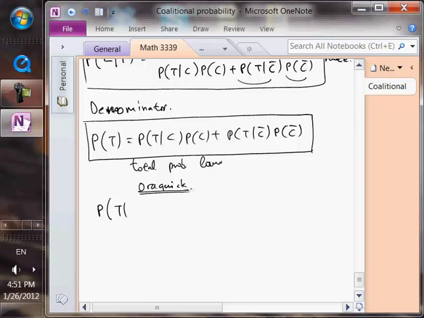Okay, now this OraQuick, according to the manufacturer, has a sensitivity which is 99% and a specificity, so this is sensitivity, which is 98%.